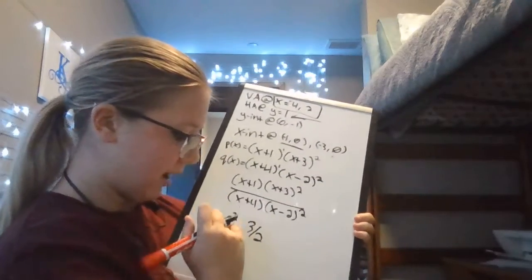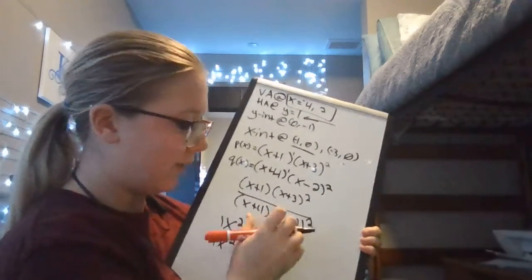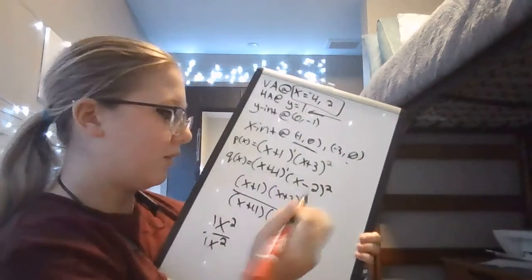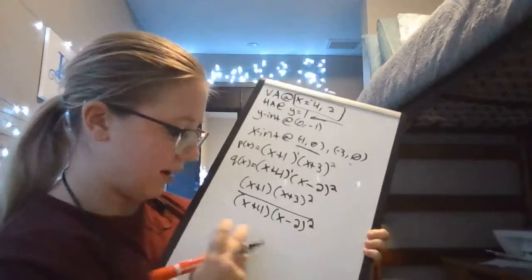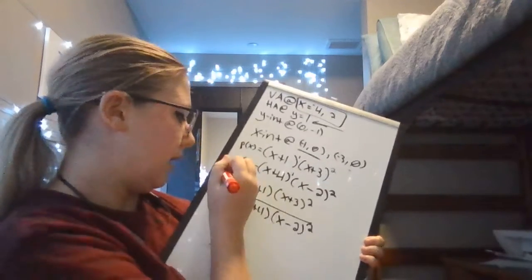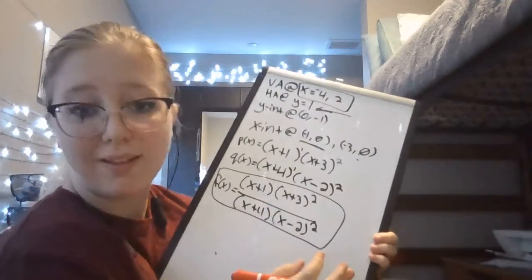Well, we don't have any numbers here. Well, we have ones, but we don't have any visible numbers there. So you don't add anything onto this, and our function is this with nothing fancy.